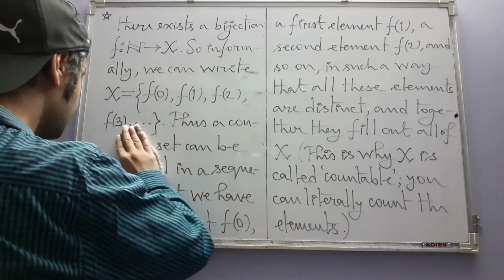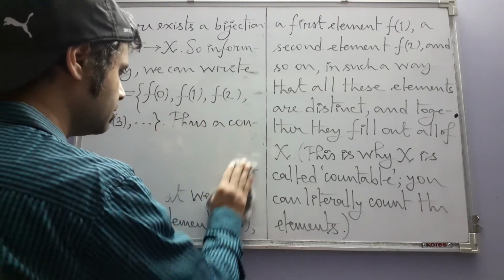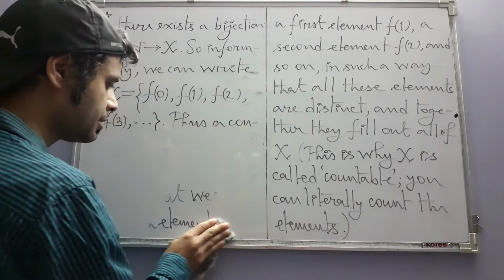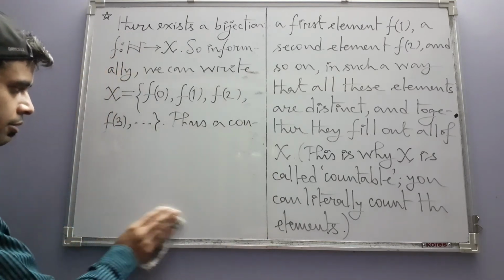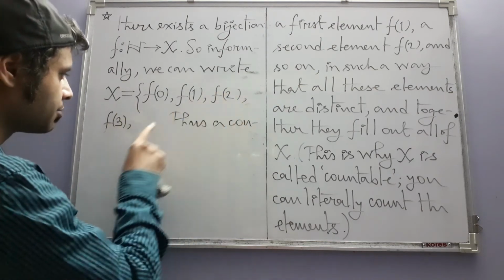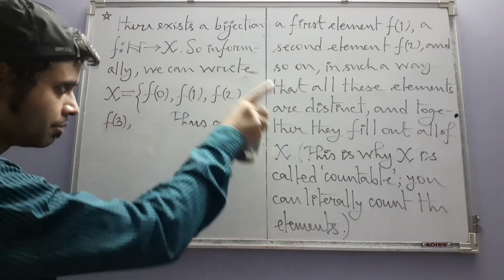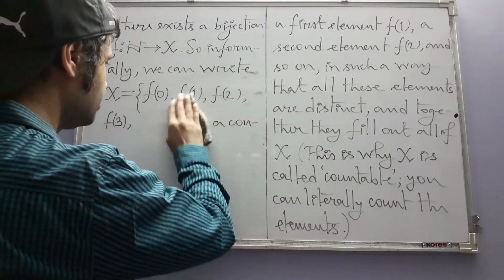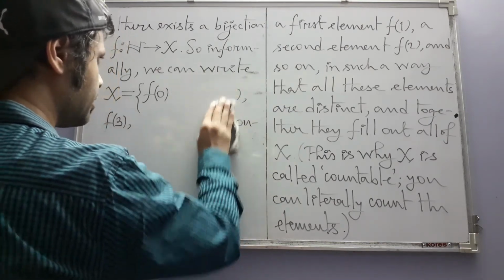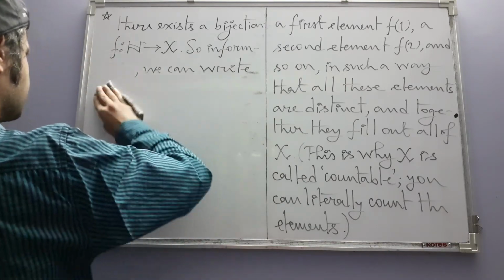So this understanding lets us quickly see whether a given set is countable or not. If you are able to actually list the elements of a given set in such a fashion, maintaining all these things, then of course you can guess that it will be countable.